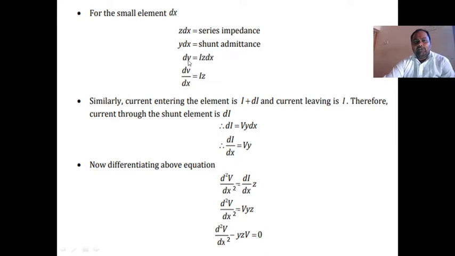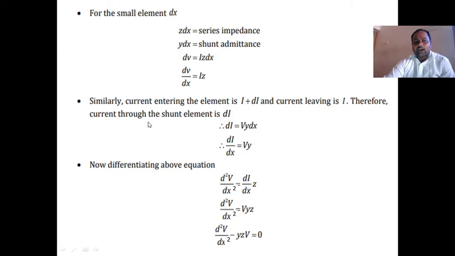What happens to dV by dx? dV by dx is equal to Iz. Similarly, current entering the element is I plus dI and current leaving is I. Means it is nearer to the receiving end side, it is nearer to the sending end. So which is entering the element, leaving the element.